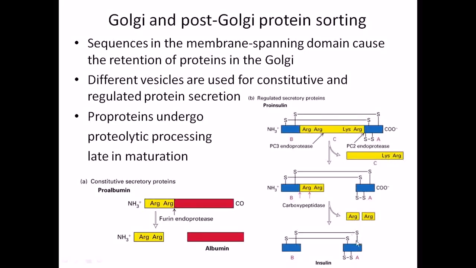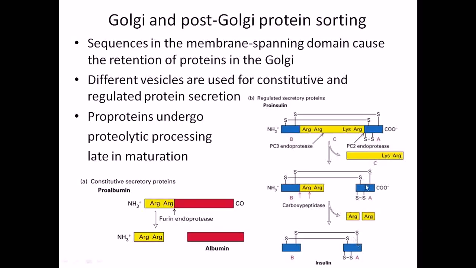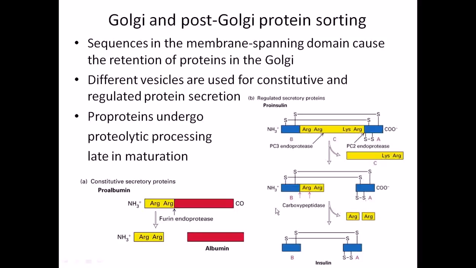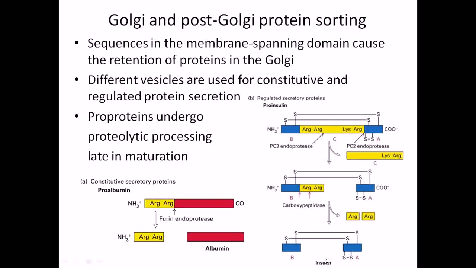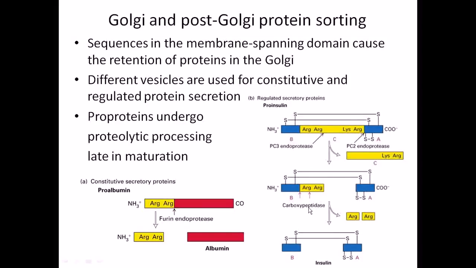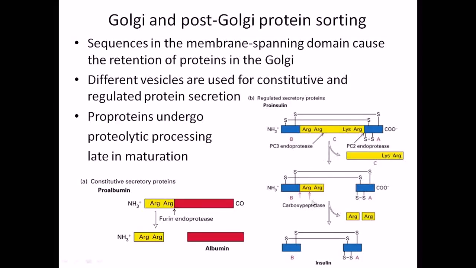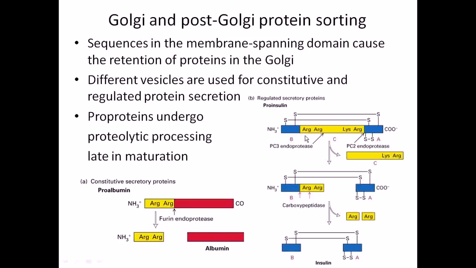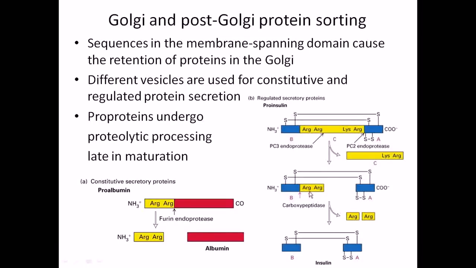They are attached via sulfide linkages, like two different units, unit A and unit B of the insulin, held together, and the rest of the amino acids, like arginine and lysine present in between, are now fully cleaved away. First the cleaving by PC2 and PC3 endoprotease, and then the carboxypeptidase. So two rounds of cleavage take place to convert proinsulin into the active form, which is insulin.